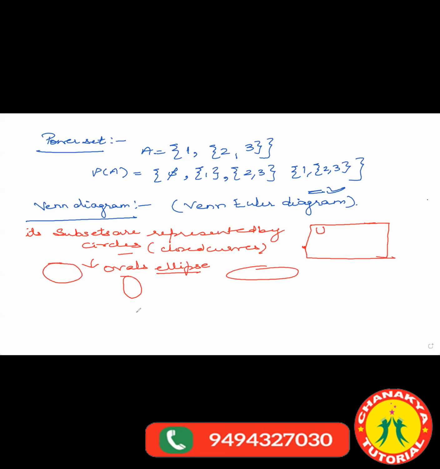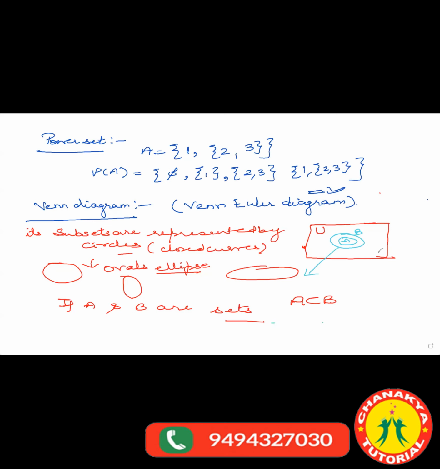Now, suppose A and B are two sets whose members are represented within the rectangle only, and you are given the condition that A is contained in B. A is contained in B means A lies inside B. Clear, beta?